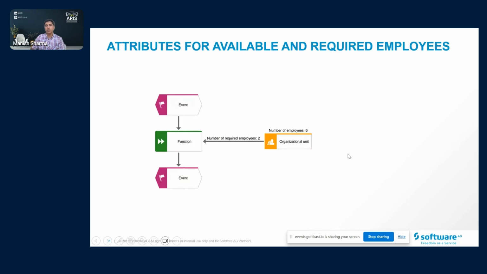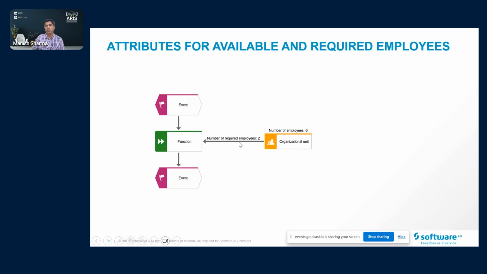Also, you have an option to say how many people are involved from a pool of people. So, taking an example of a quality assurance department, say there are 6 people in that department, but only 2 of them are available for this particular process, as in they are benchmarked or reserved, dedicated people supporting this process.